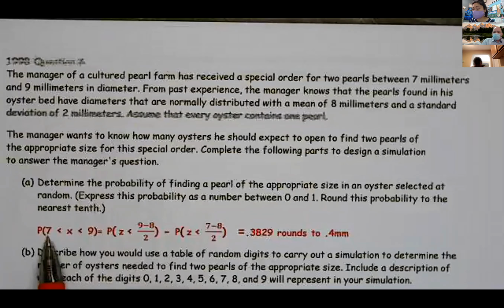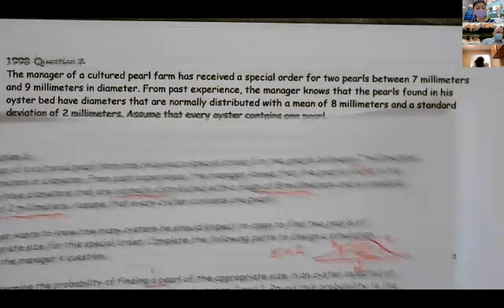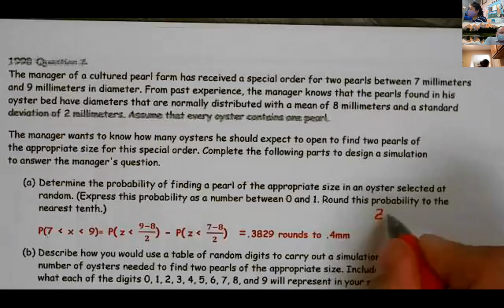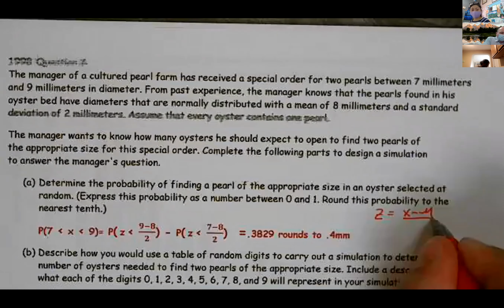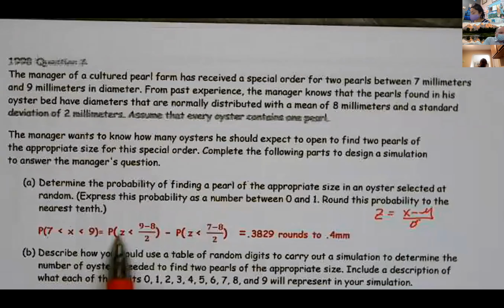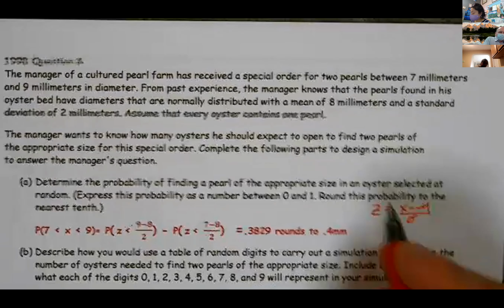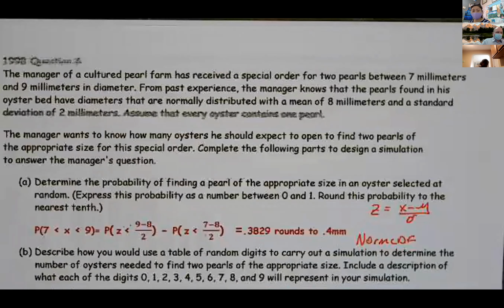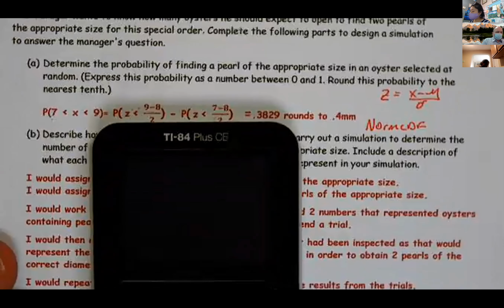So our probability is between 7 and 9, and that's what we showed graphically. We set up a z-score, and first off, let me write that down: the largest one first minus the smallest one. Now I can do this by doing a norm CDF, which would probably be the fastest. So doing the norm CDF, this is going to look something like this.